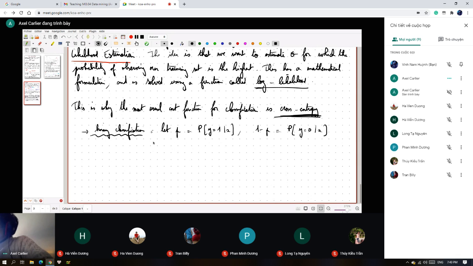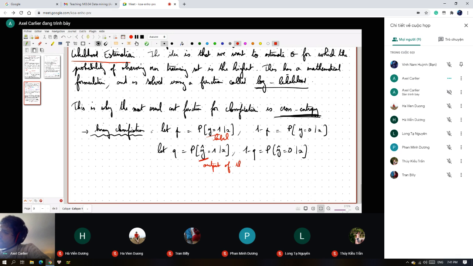Okay, and then let q equals P of y hat equals 1, knowing x. And 1 minus q equals P of y hat equals 0, knowing x. So y here is the label, and y hat here is the output of the neural network.